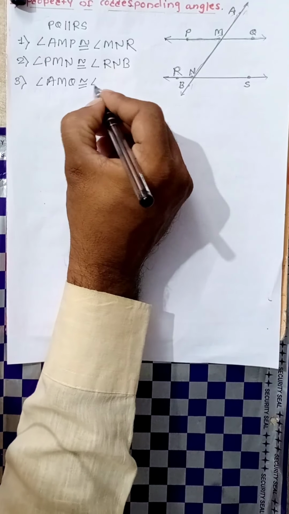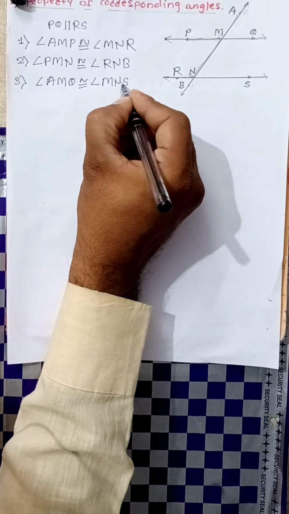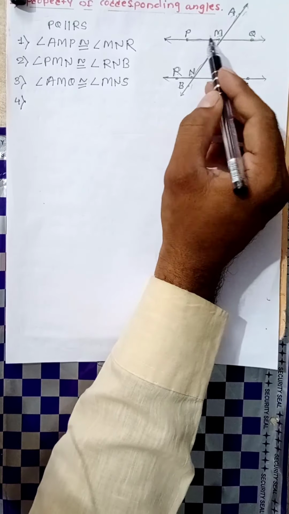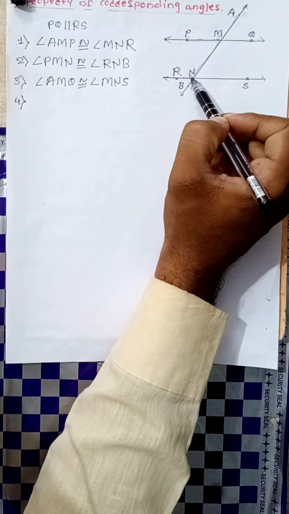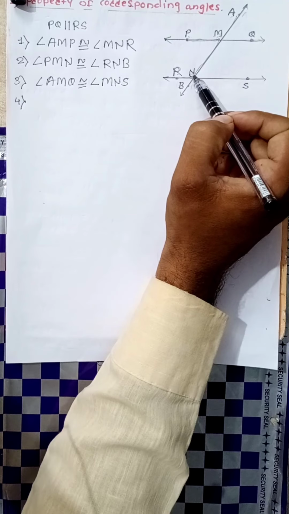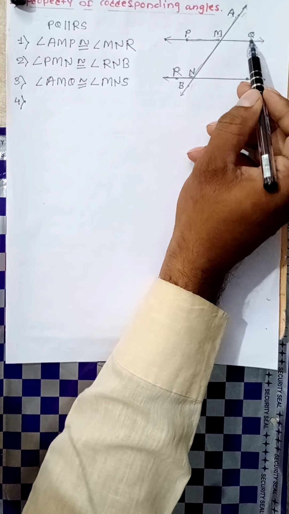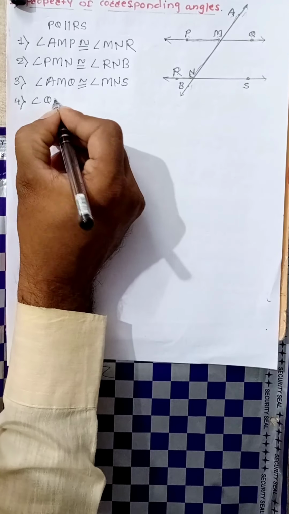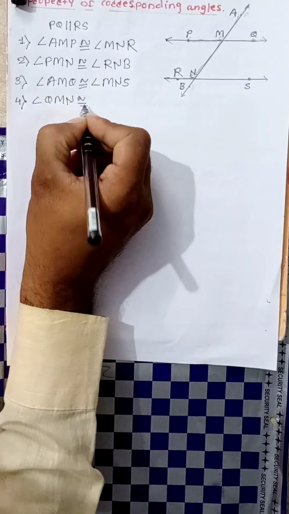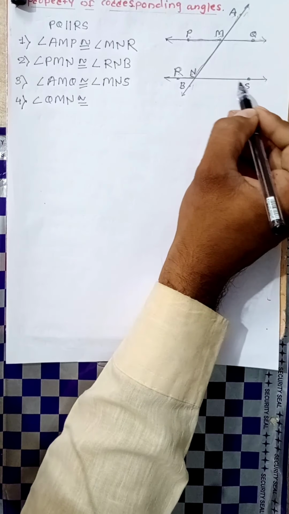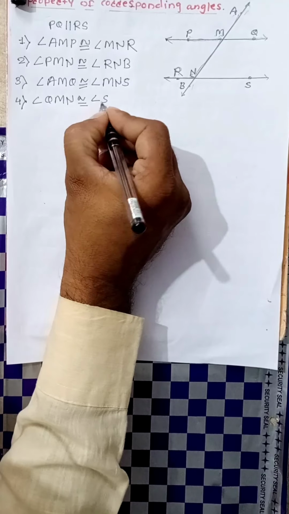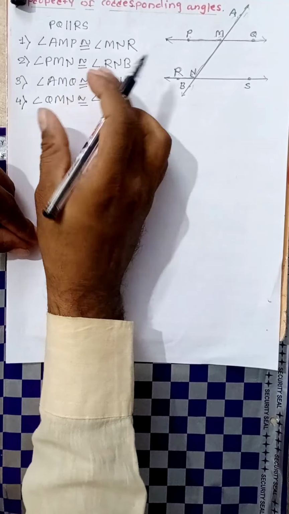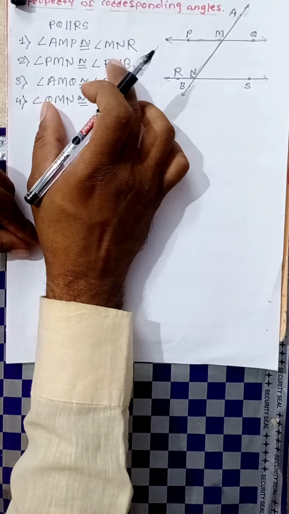MNS, clear? Then fourth, PMN is on the first side of the transversal, so like this, QMN. Angle QMN is congruent to angle SNB. So these are the corresponding angles.